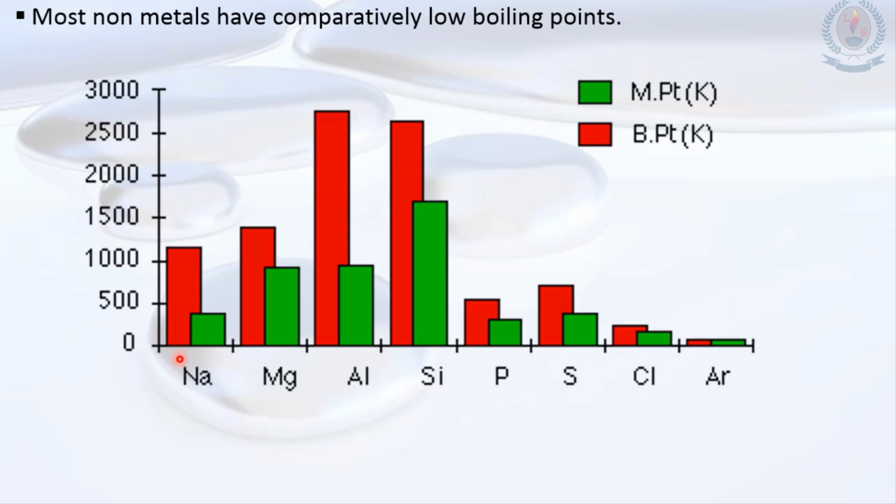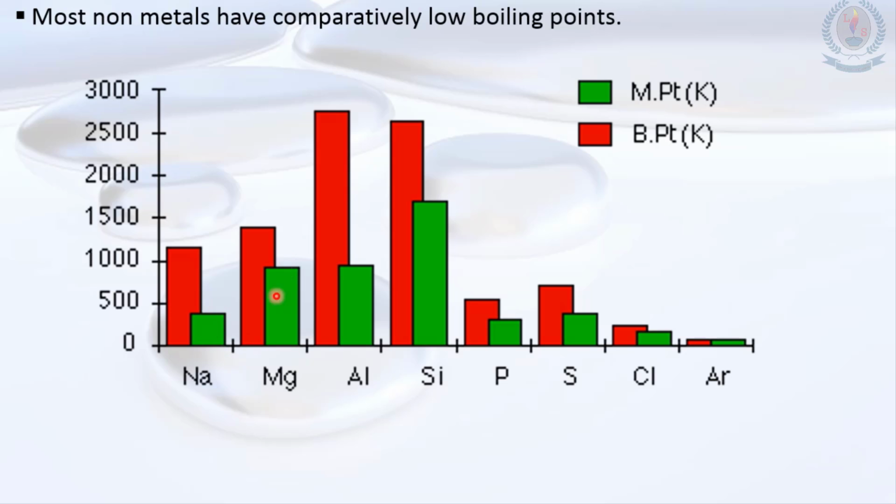So you can see in the metals, red color bars have higher values than the non-metals, right? Because they have a higher weight than the non-metals. So we can easily say, or we can confirm, that metals have higher boiling points than the non-metals. Okay, then what about the melting points?